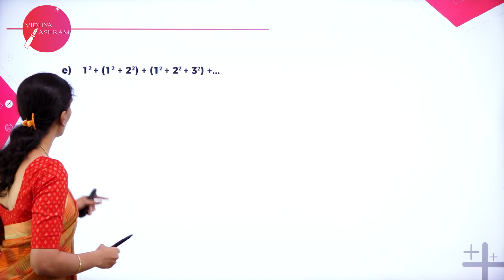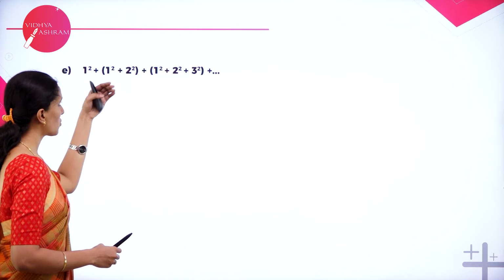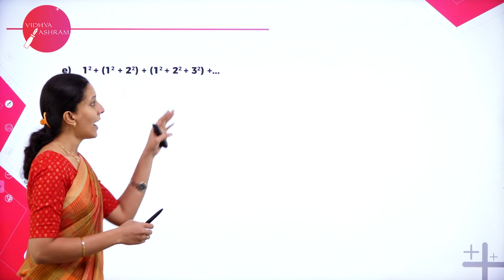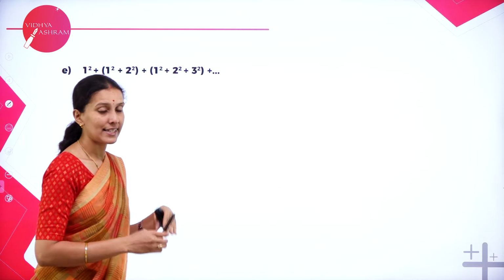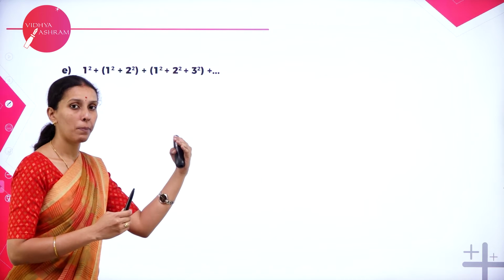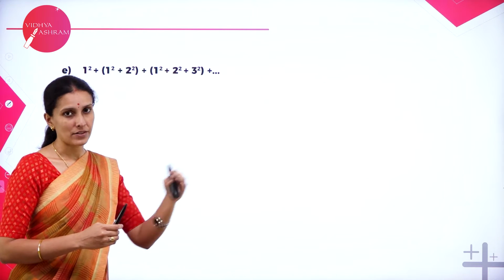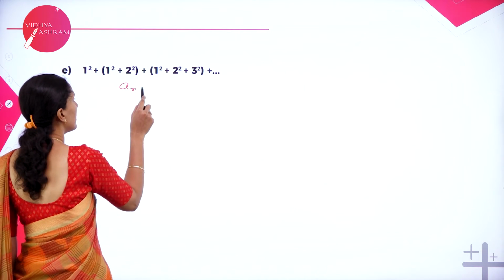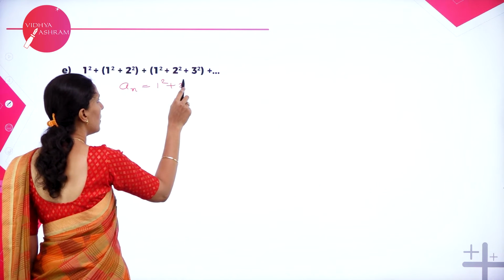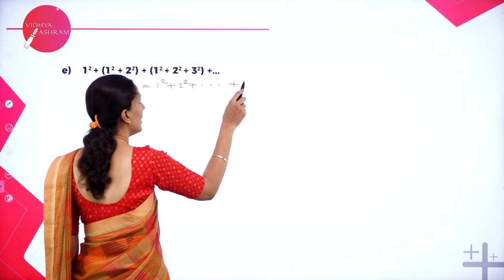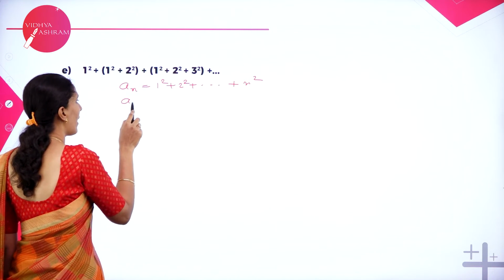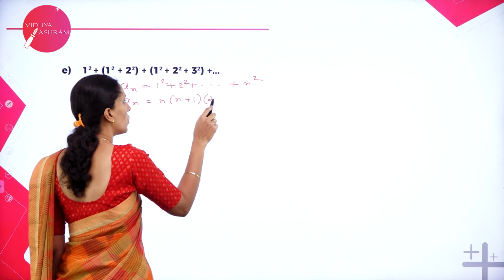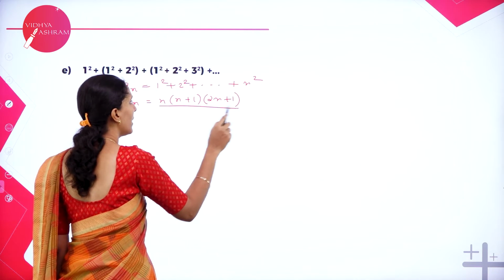Next question. 1 square plus 1 square plus 2 square plus 1 square plus 2 square plus 3 square, and the last term we can guess it as 1 square plus 2 square plus 3 square until n square. So therefore the last term an is 1 square plus 2 square until n square, which we can write this as n into n plus 1, 2n plus 1 divided by 6.